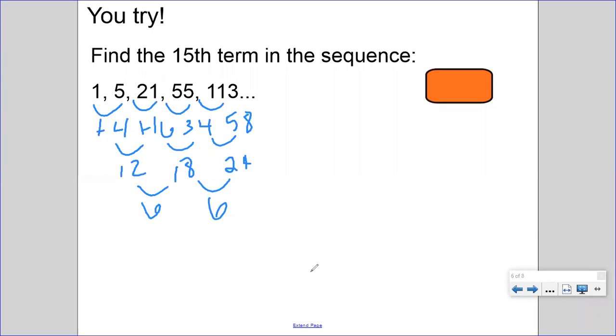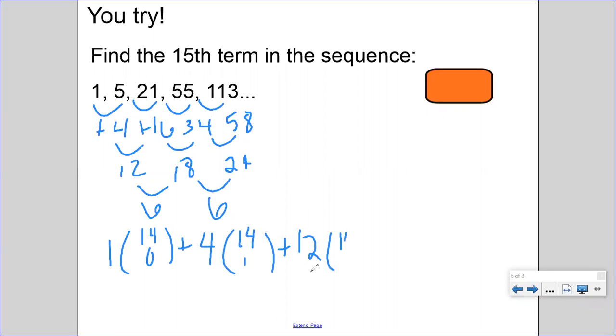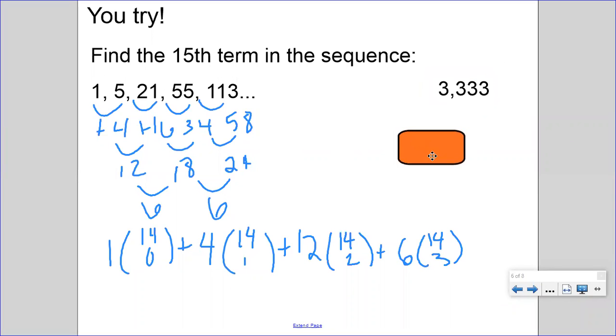We realize A is 1, and we're asking for the 15th term, so it should be 1 times 14 choose 0, plus 4 times 14 choose 1, plus 12 times 14 choose 2, plus 6 times 14 choose 3. And when we do all of that, we end up with 3, 3, 3, 3. There you go. That's better.